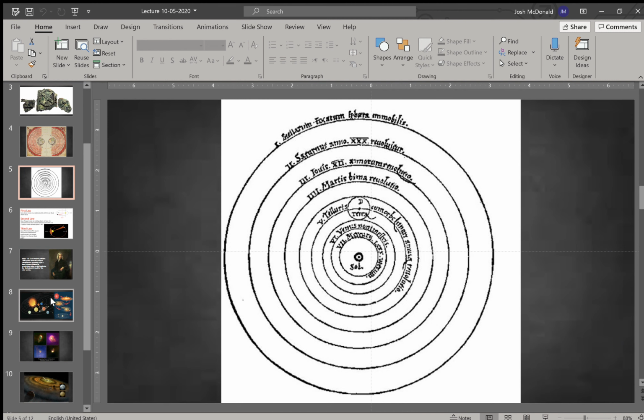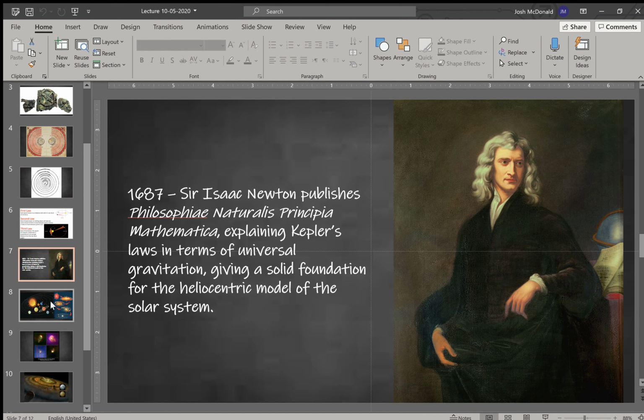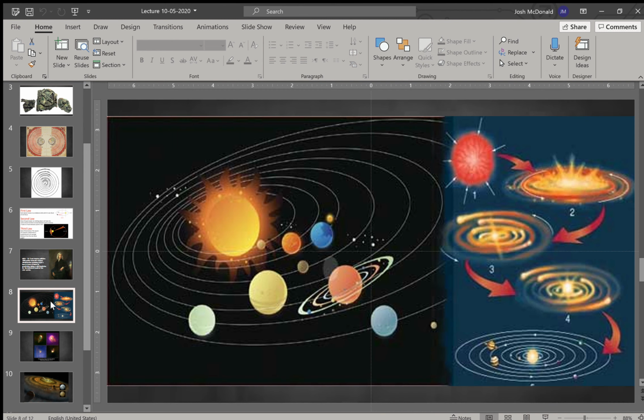And now I want to talk a little bit about our understanding of how the solar system formed. So the most current model says that the solar system formed about 4.6 billion years ago. The model that's most accepted is called the nebular hypothesis, or solar nebular hypothesis.